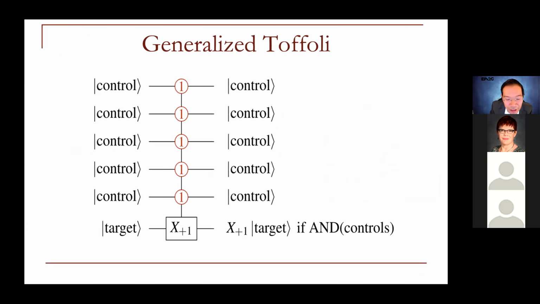All right, so a particular gate that we're going to look at here is what we call the generalized Toffoli. It's a multi-controlled gate where the qubits at the top here control whether the target at the bottom gets the operation performed on it. So essentially you have to perform a logical AND on the top qubits here, right?